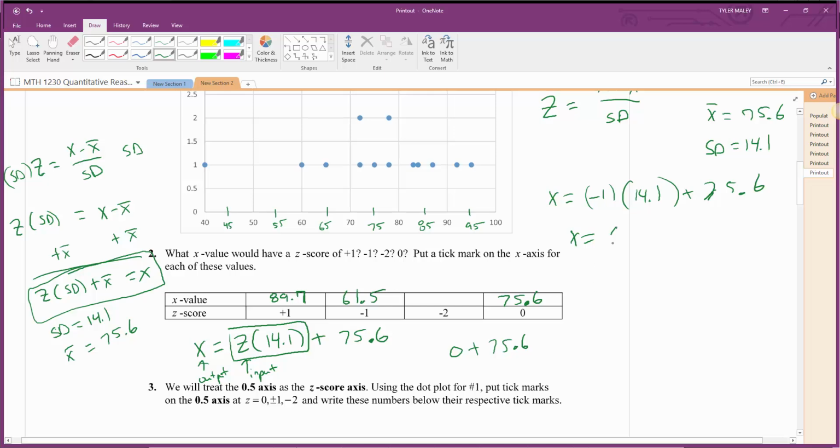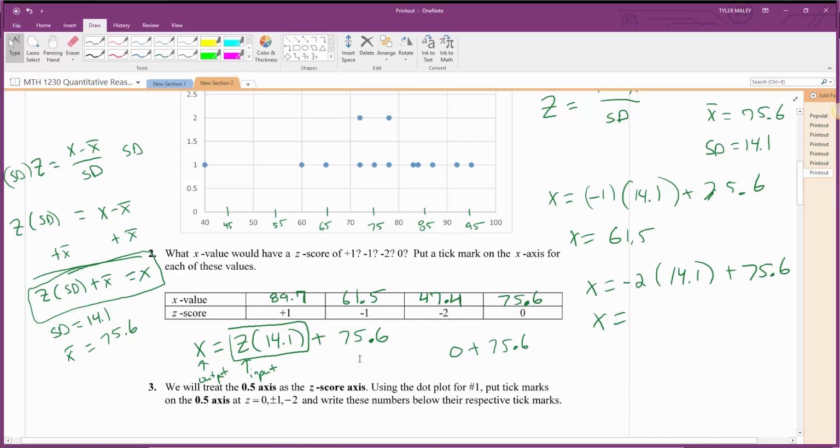And then I can simplify if I have a standard deviation or a z-score of -2. So input that: -2 times 14.1 plus 75.6, I get 47.4. So we have all of those.